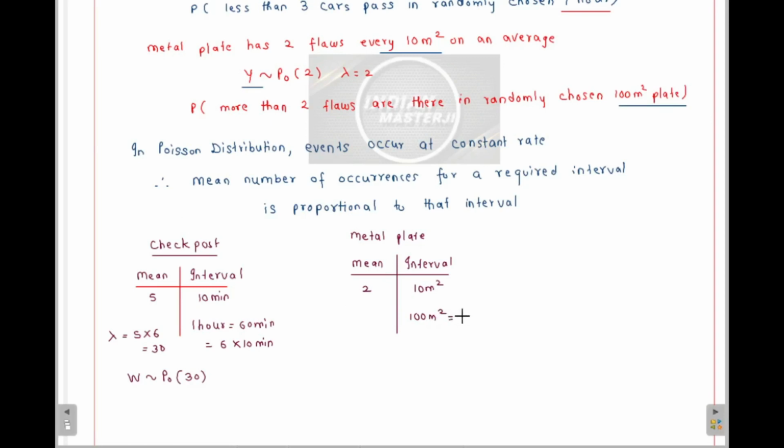Now this 100 meter square is how many 10 meter squares? It is 10 times 10 meter square, correct? So because we are increasing the interval of space by 10, we will increase the mean also by 10. So I can make it as 2 into 10, which is equal to 20 flaws.